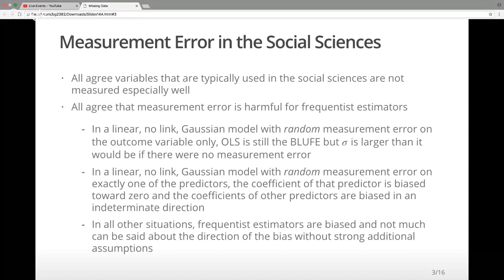So social science, lots of measurement error, basically bad, well, never good. And there's a couple situations in which it wouldn't be all that bad, but generally speaking, bad. Now, as a result of that, measurement error considerations in the social sciences are basically ignored.